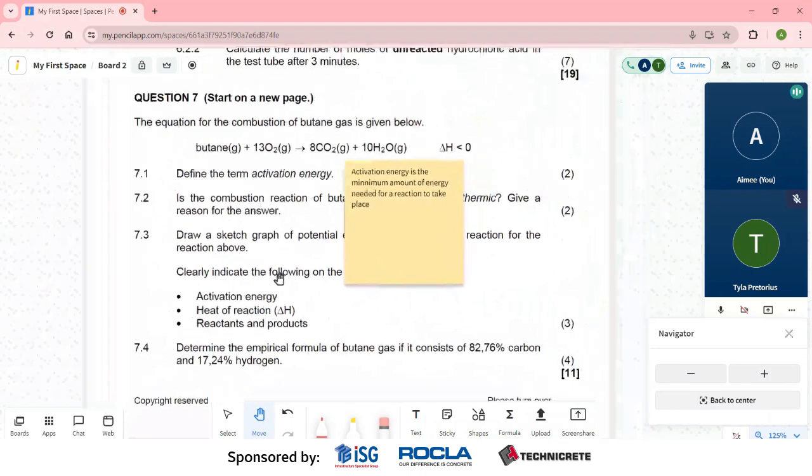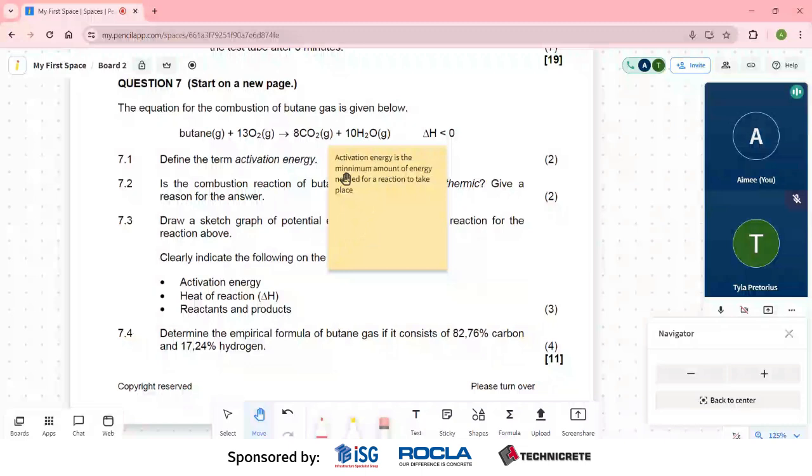So here's your definition for activation energy. Activation energy is the minimum amount of energy needed for a reaction to take place.